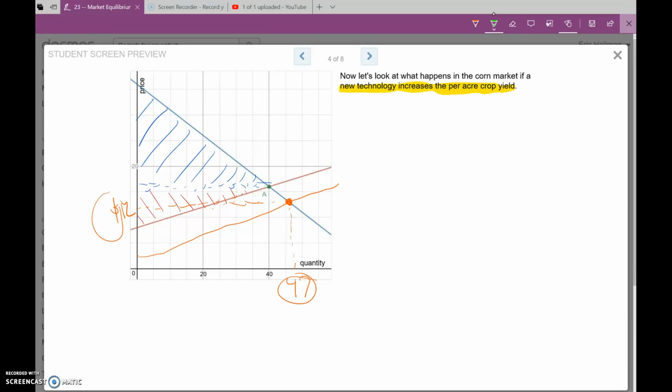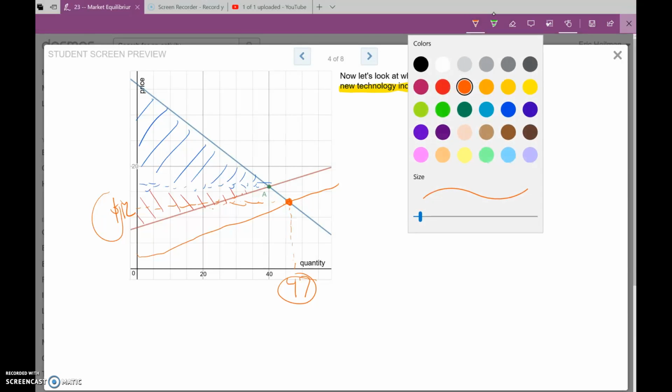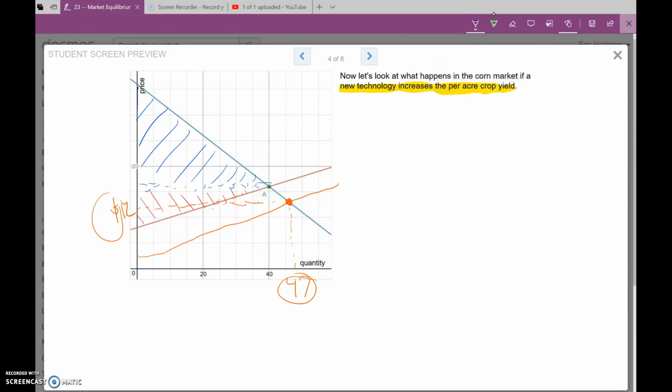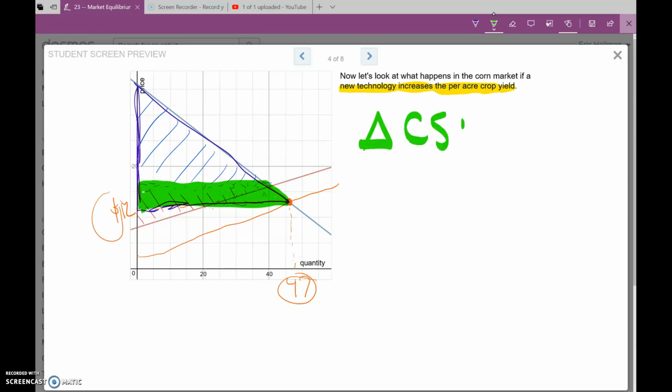The new consumer surplus is the larger triangle. So now it goes all the way down to $12 and over. So the change in consumer surplus is this trapezoid here. And that's positive. If we had more specific numbers, we could compute that area.